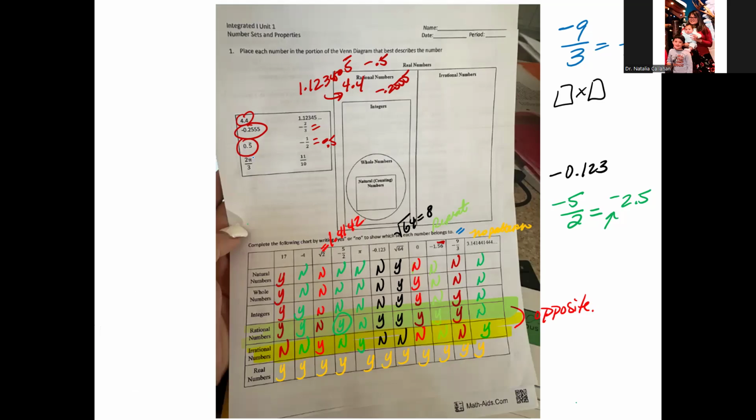Now let's take a look at 2π/3. I think that's an irrational number. Where's the pi sign?